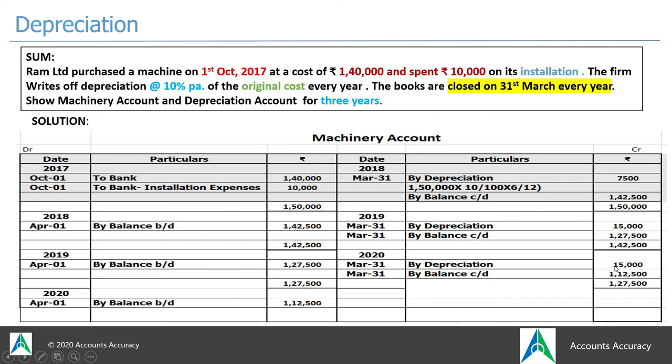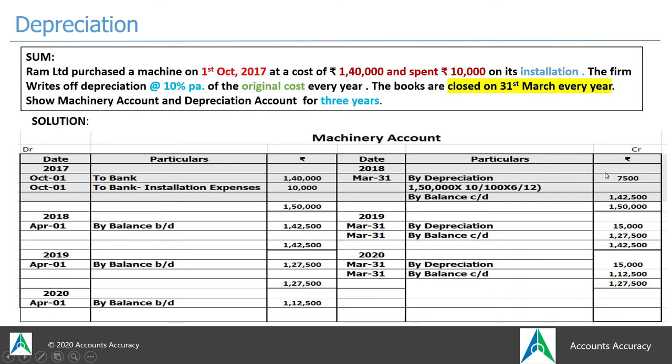Here as we are using it for the whole year, the depreciation will be 15,000. Now the balance will be carried down by deducting this 15,000 from the balance of 2019, the third year of the machine. So from 1,27,500, when you deduct this 15,000, your balance of the machine will become 1,12,500. So this is the amount of the machine after the completion of the third year.